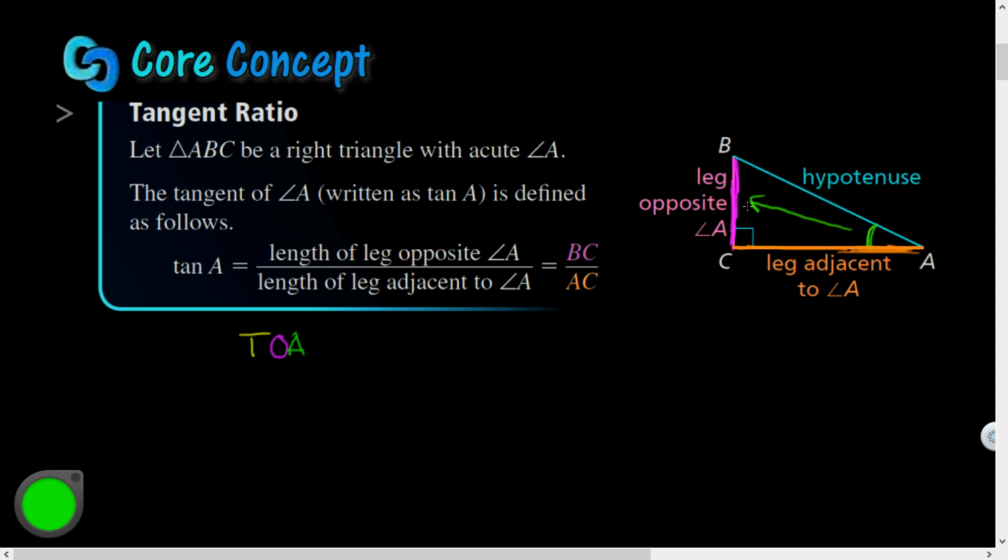Now, technically, I could reverse this on you and ask, what is the tangent of angle B here? What is the opposite leg from angle B's perspective? Yeah, that's going to be CA.